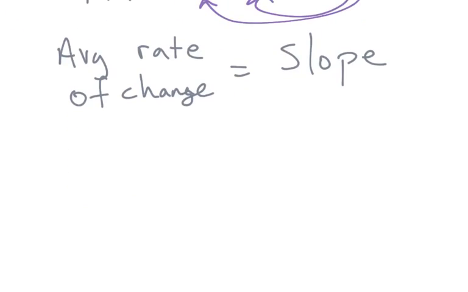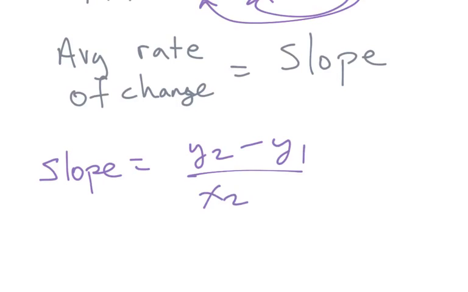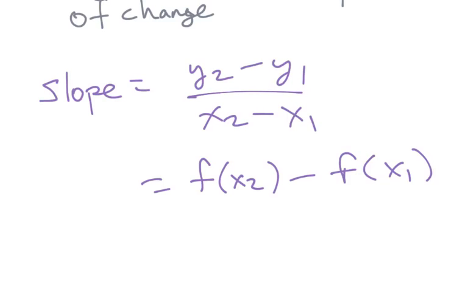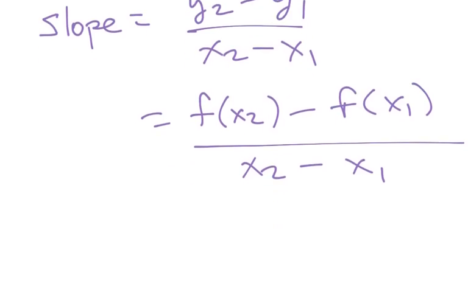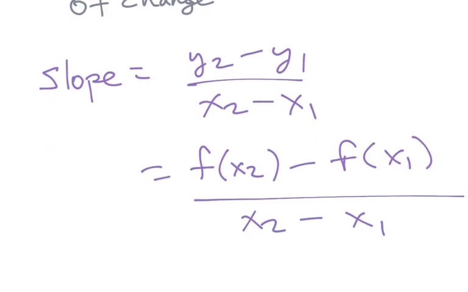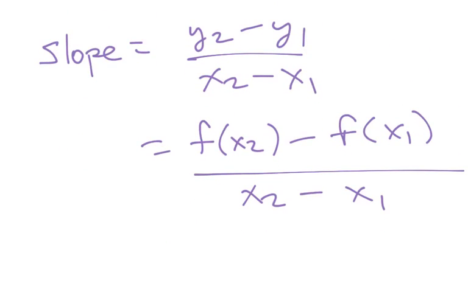Most of you recall that the slope formula is y2 minus y1 over x2 minus x1, but you've also learned this semester that we can rewrite y as f of x, so we can rewrite it as such. Rate of change, slope, these are all equivalent ways of writing the same thing.